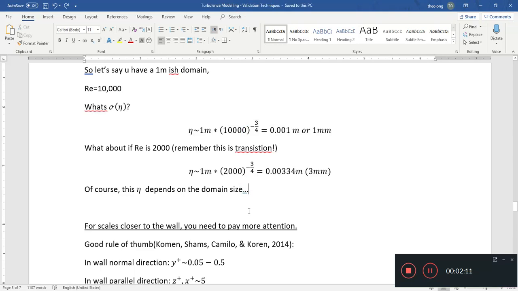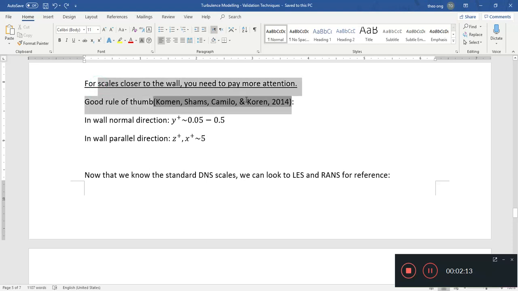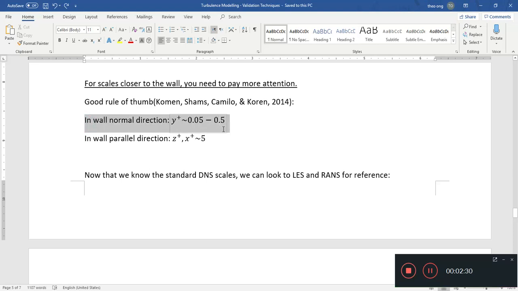For scales closer to the wall, you need to pay more special attention. As a good rule of thumb used in the literature, they use grid lengths in wall scaling units. In the wall normal direction, the grid size delta y plus, in dimensionless form, is about 0.05 to 0.5.